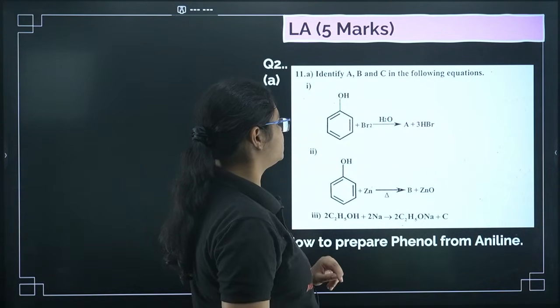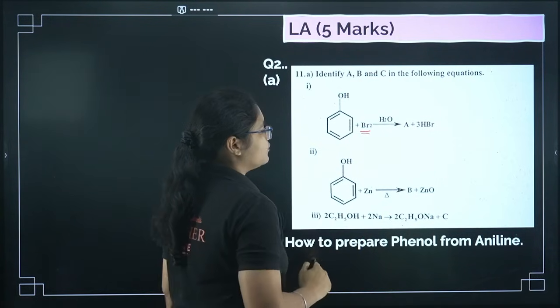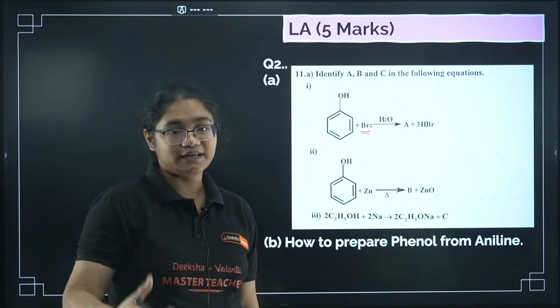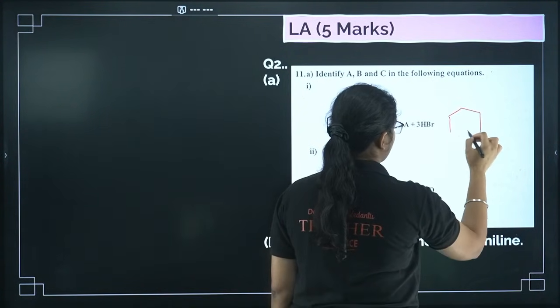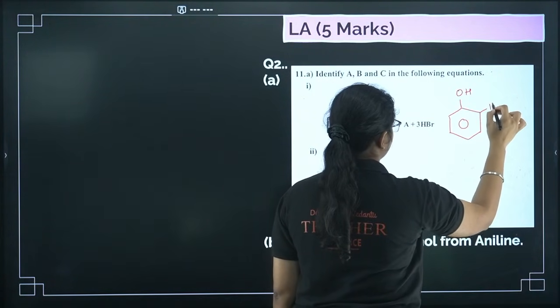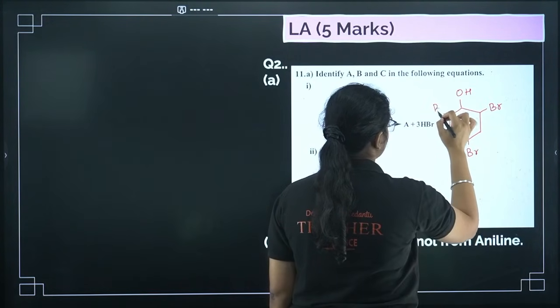Identify A, B and C in the following reaction. When phenol is treated with bromine, intense bromination happens and all the ortho and para positions are brominated to give you OH with Br, Br and Br.